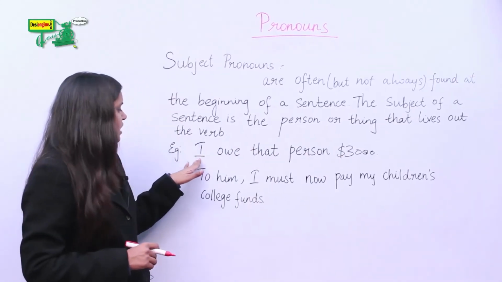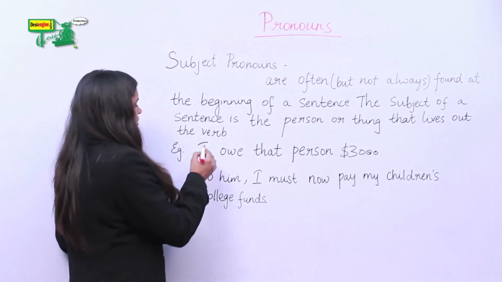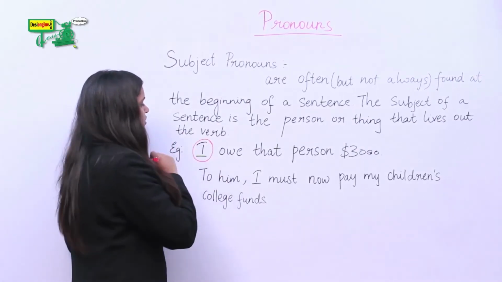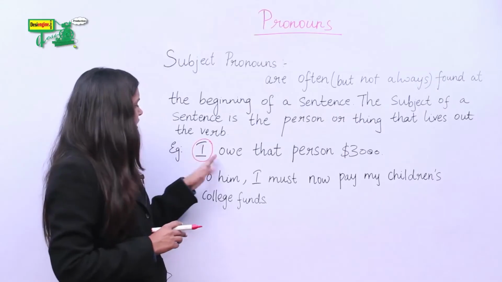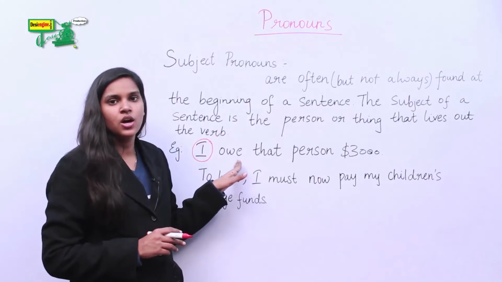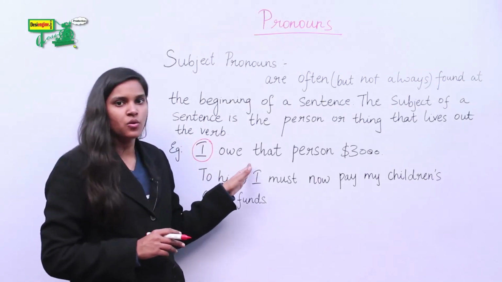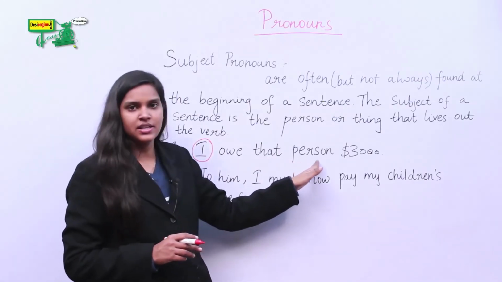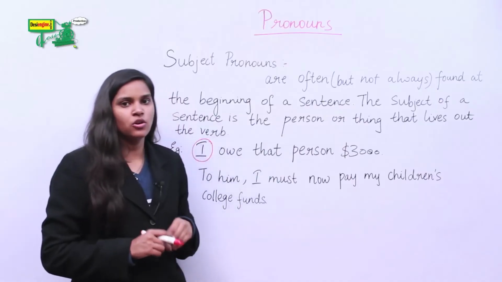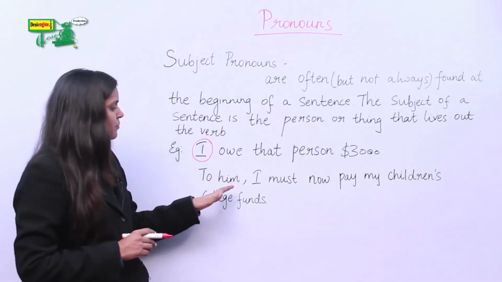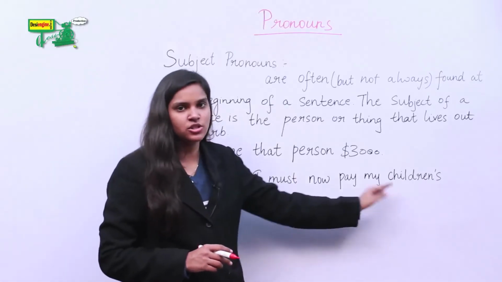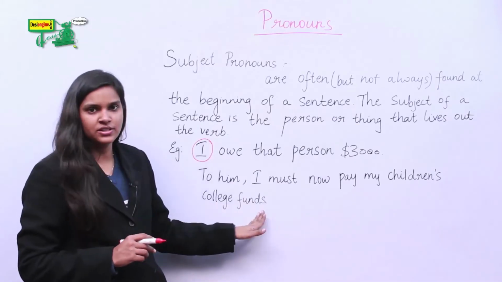Here, the subject pronoun is I. It is found at the beginning of the sentence and it lives out the action owe. That is, owe someone a debt of $3,000. Let's do another sentence. To him, I must now pay my children's college funds.